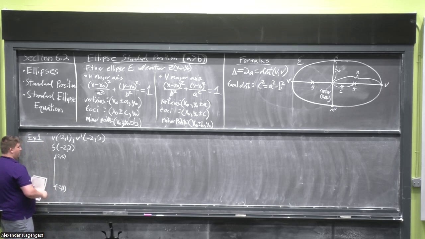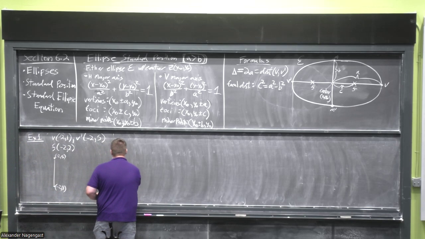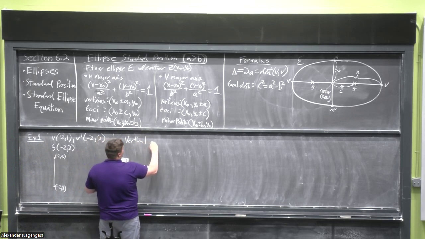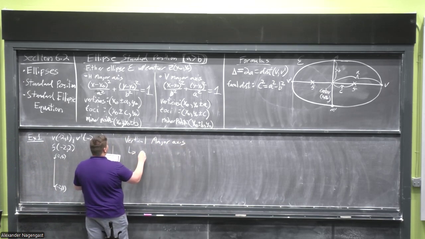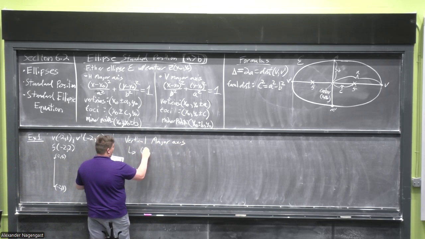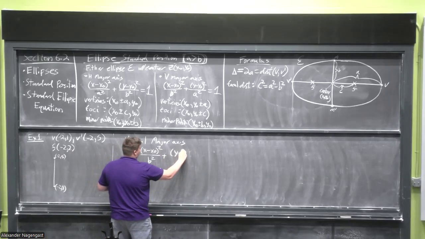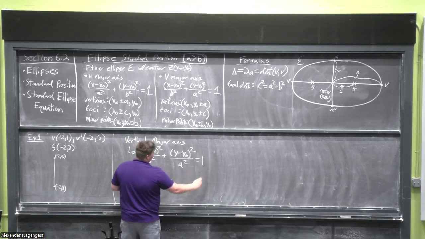When we're thinking of this, we should say, okay, what do we know? The first thing that we know is that we have a vertical major axis. So that means we have x minus x naught squared over b squared plus y minus y naught squared over a squared equals 1.